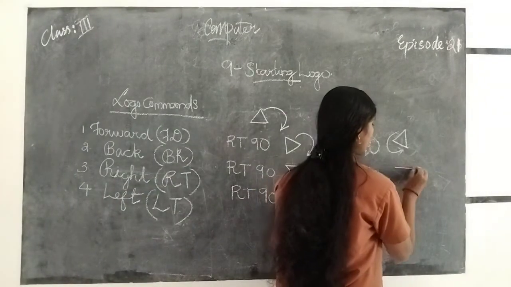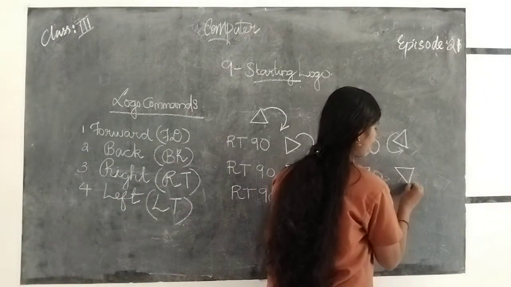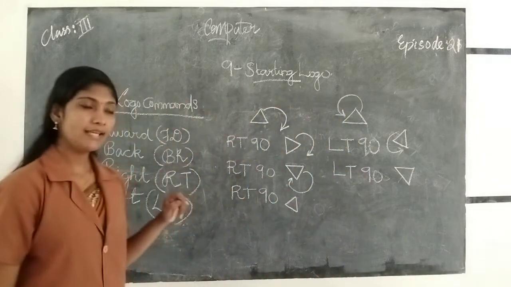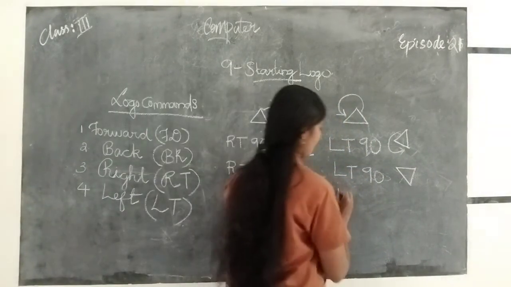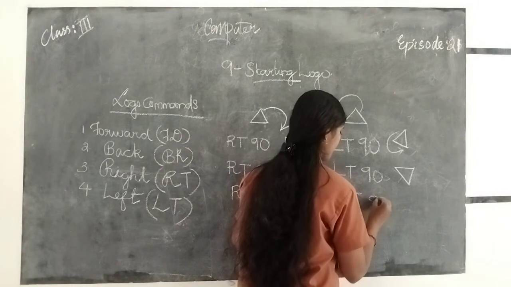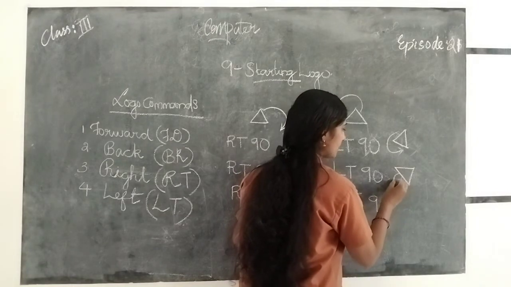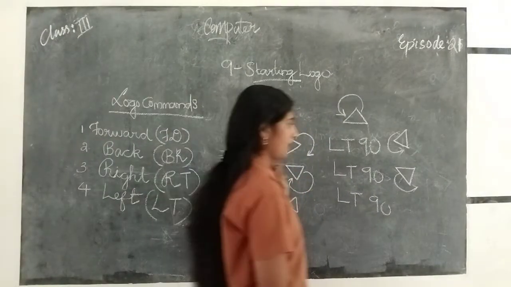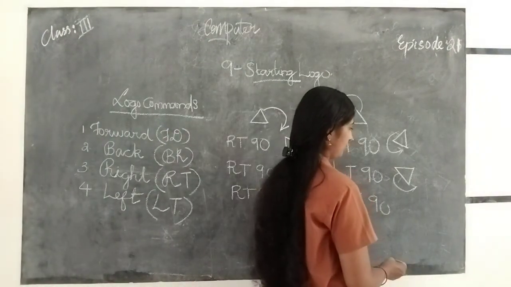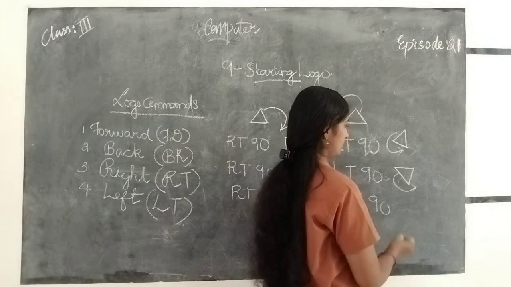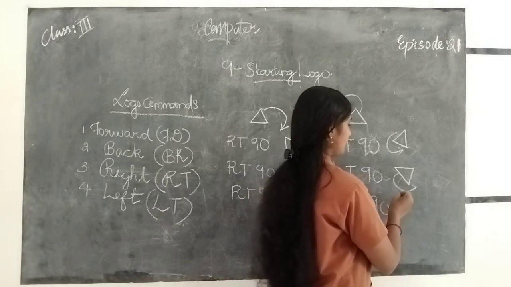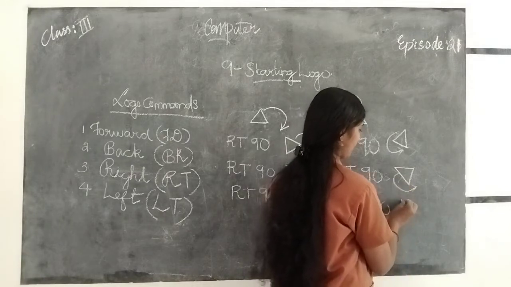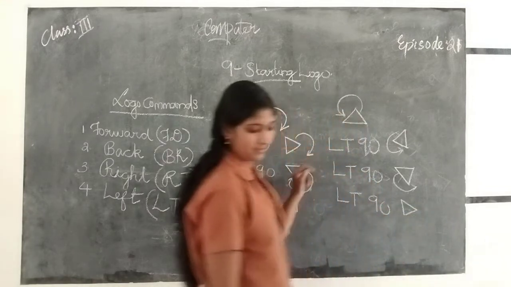So that means this happens. Then LT 90 means again it will turn to the left side with an angle of 90 degrees. So that means here is the final result.